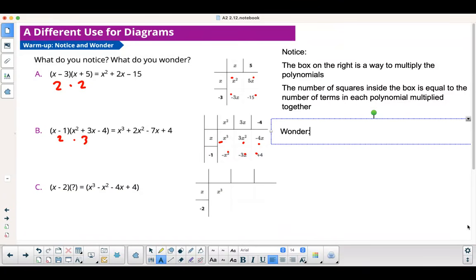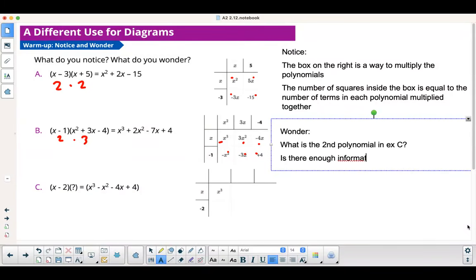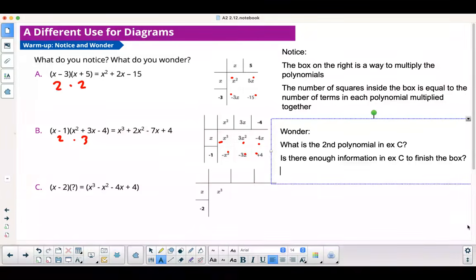I wonder what is the second polynomial in example C. I wonder, is there enough information in example C to finish the box? What else?